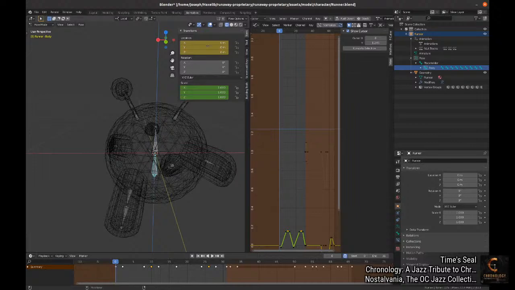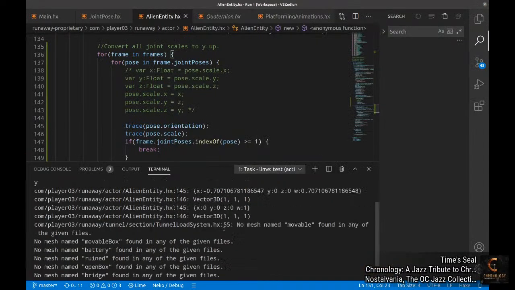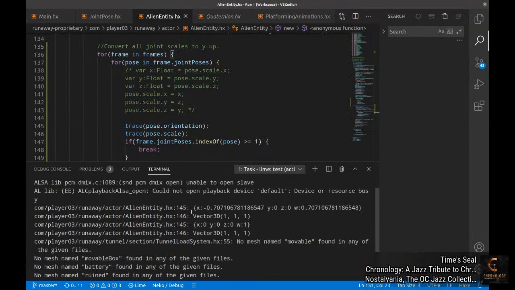What are their rotations? What are their scales? First one is rotated. That's weird. Second one is not rotated.